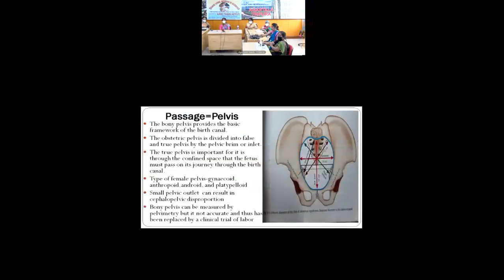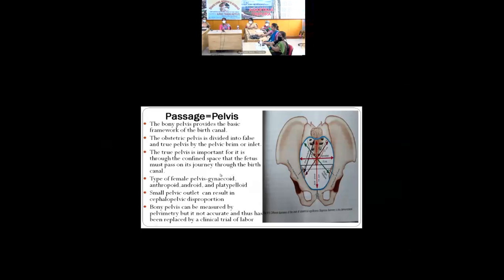Now passage. The bony pelvis provides the basic framework of the birth canal. The bony pelvis is divided into false and true pelvis by the pelvic brim linea terminalis. The true pelvis is important for labor. It is through the true pelvis that the fetus must pass on its journey through the birth canal.